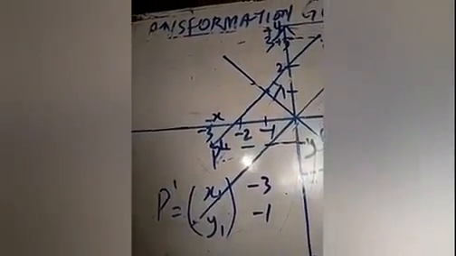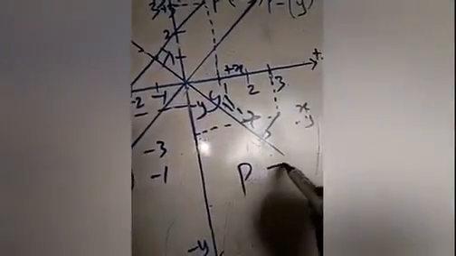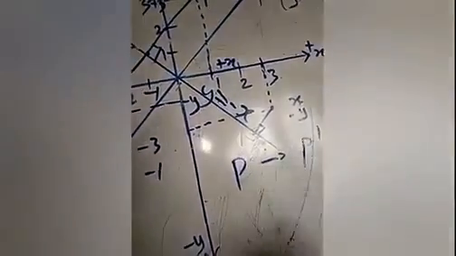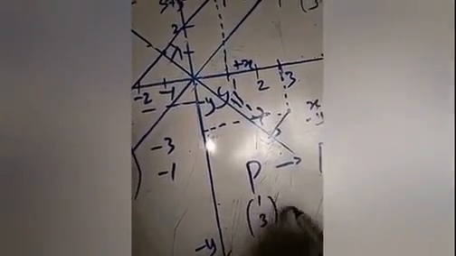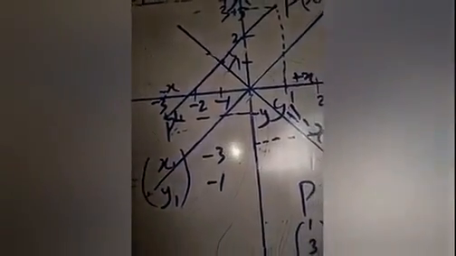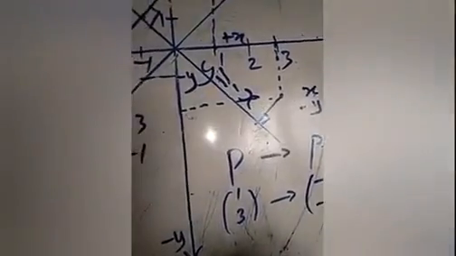Something happened. My P, supposed to map to my image where I'm having 1 and 3, is now mapping onto minus 3, minus 1 as my vector representation here now.